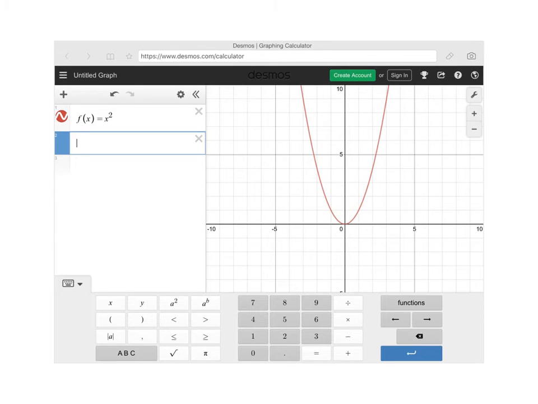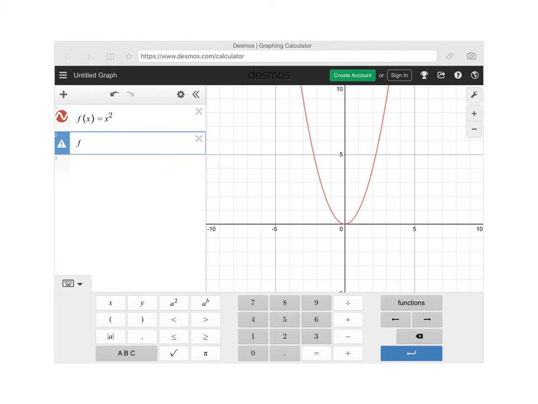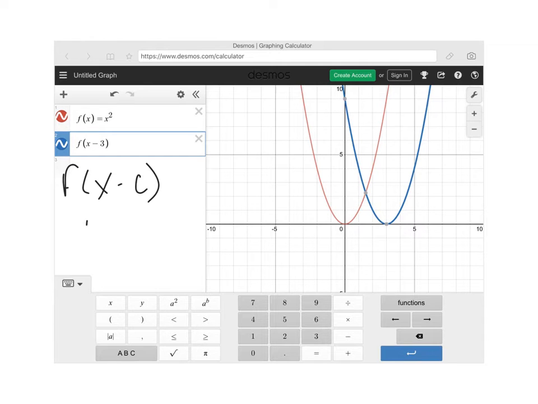You don't have to write it all over again. Now I'm going to subtract 3. And look, it moved to the right because the rule says f of x minus c. So in this case, c has to be positive 3, which makes it go in the positive direction.